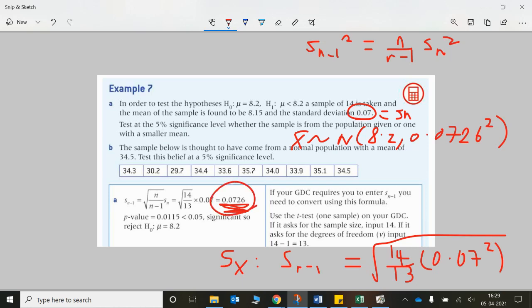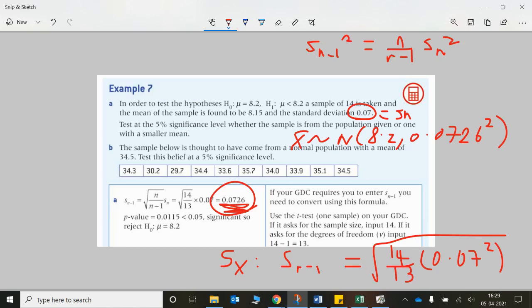Now, let's see how far off I am by using that answer. 0.02726. And n in this case, they're not asking for the degrees of freedom, which is 13, but n is 14. And then the alternative hypothesis is, well, we're interested in mu being less than 8.2, so we're interested in the alternative hypothesis of mu being less than mu0.